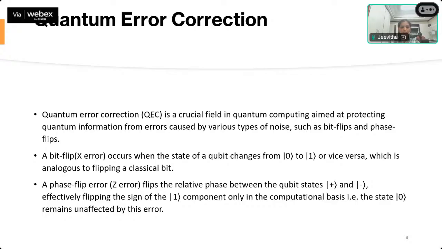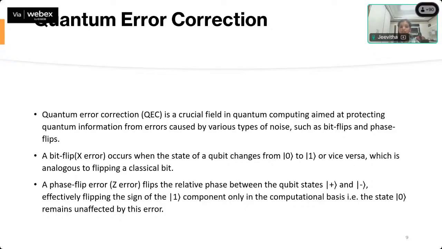In quantum error correction, we basically consider Pauli errors. The X error is similar to the classical version, where the state 0 changes to 1 and vice versa.